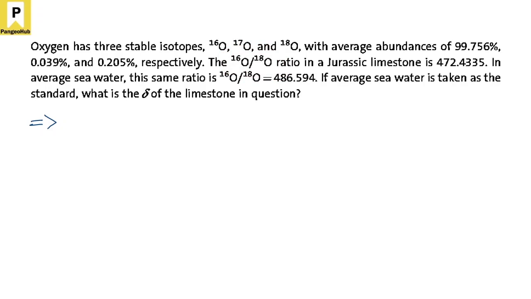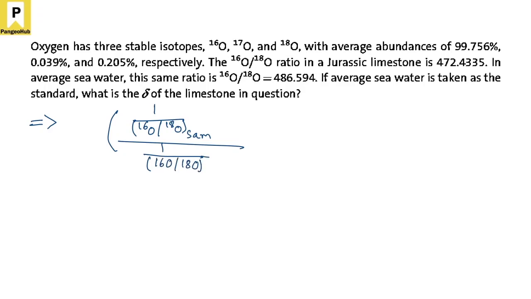Now it's simple. 1 divided by 16O by 18O of the sample, divided by 1 divided by 16O by 18O of the standard, minus 1, into 10 to the power 3 per mil.